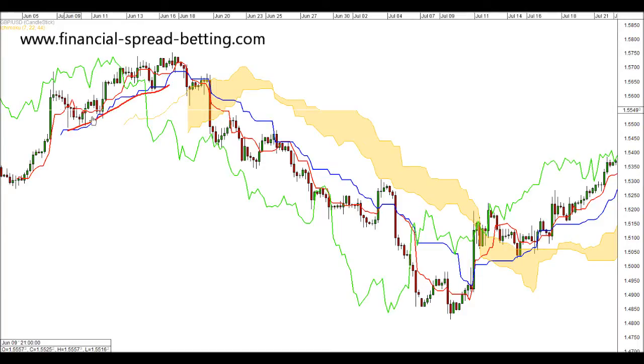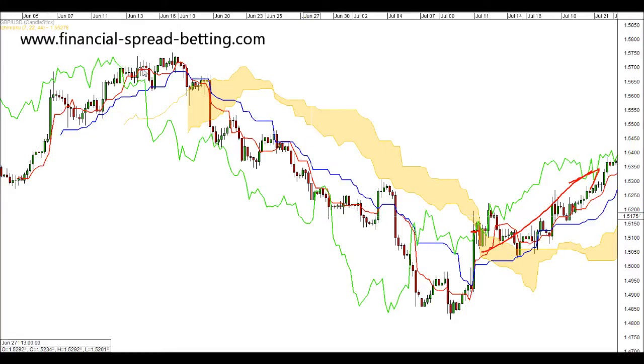We have candles closing above this line and price is moving on the upside. When price closes below this line, the baseline, price declines. And you'll notice when we have a cross here, price is bullish. So that's the first line of the Ichimoku explained.